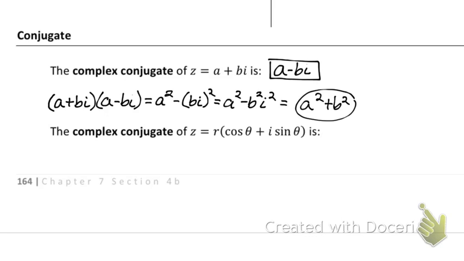Just believe me, it does not work. The conjugate for this one is going to be r times, and it's going to seem weird at first, the cosine of negative theta plus i times the sine of negative theta.